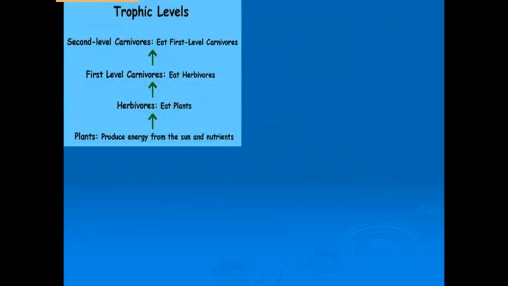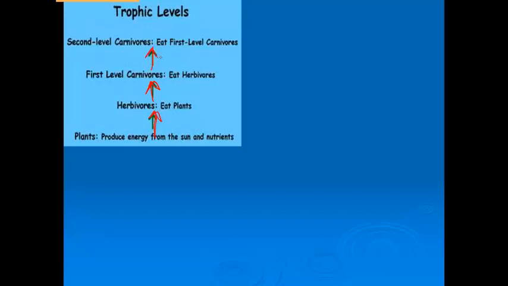And then just a few pictures to kind of reiterate that. Plants are going to be again at the bottom. The arrow should always be pointing kind of away from the plant, so the herbivore energy is going to the herbivore from the plant. When a carnivore is eating the herbivore, the energy is flowing to the carnivore, so the arrow is pointing to what is doing the eating, because that's the particular organism that is getting the energy.